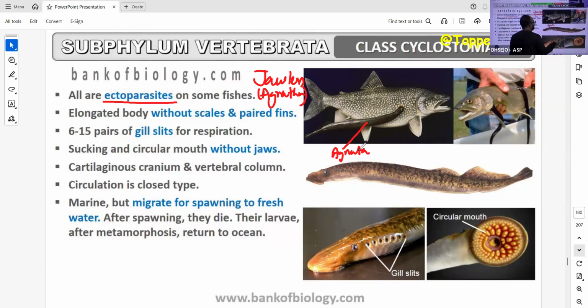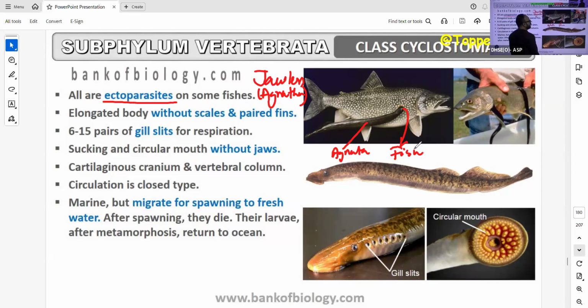Now, the agnatha, ठीक है, they are parasitic. तो ectoparasitic. They are now attached to this fish, attached to the fish's body, and they derive nutrition from them. ठीक है?